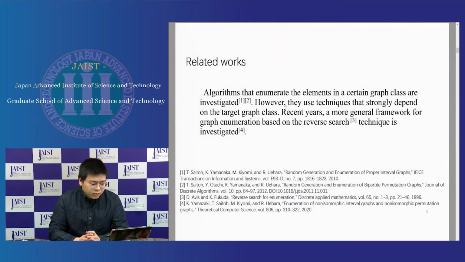So algorithms that enumerate the elements in a certain graph class have been investigated in recent years. However, the algorithms they used strongly depend on the target graph class. In recent years, a more general framework for graph enumeration based on the reverse search technique has been investigated.